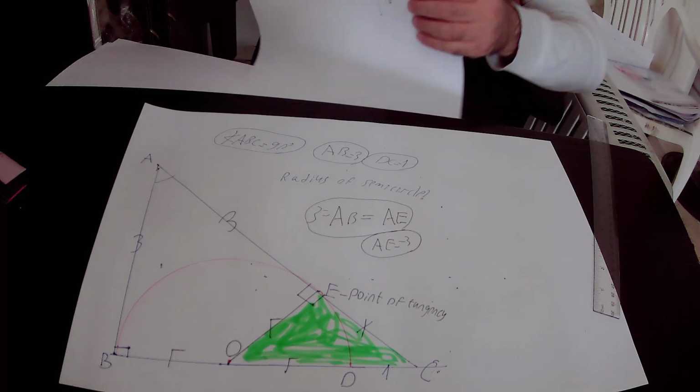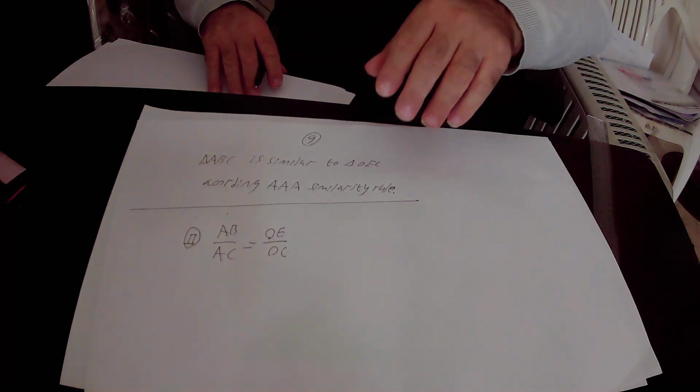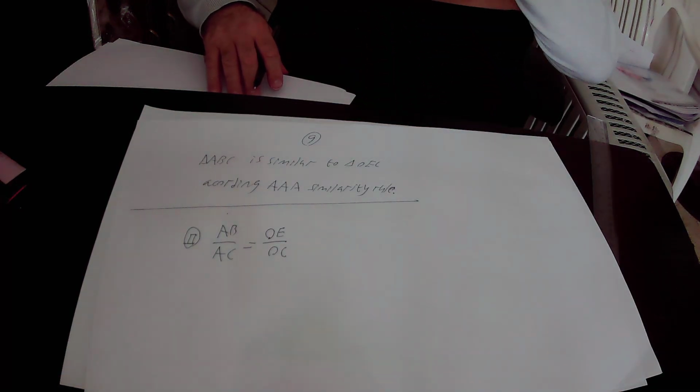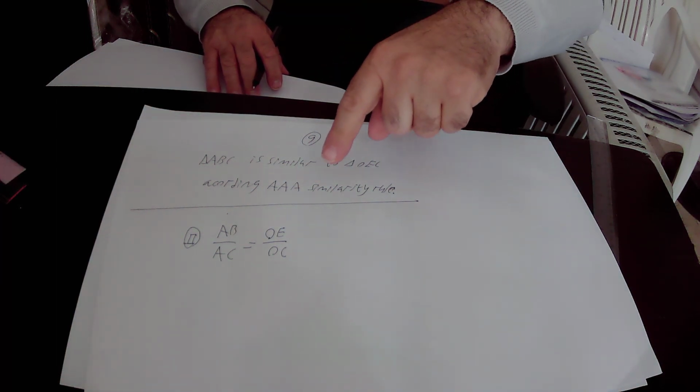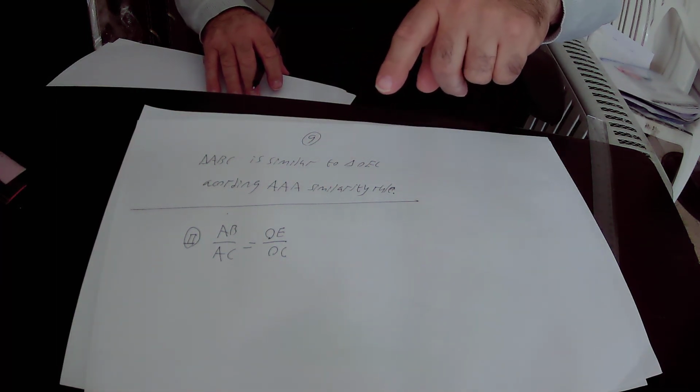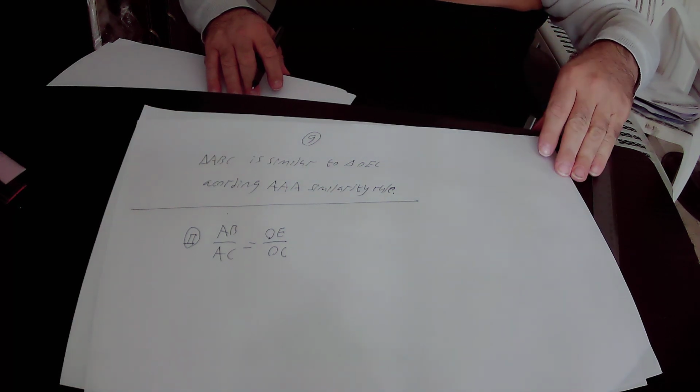I will repeat again: from the fact that the triangles are similar, AB over AC equals OE over OC. Okay?